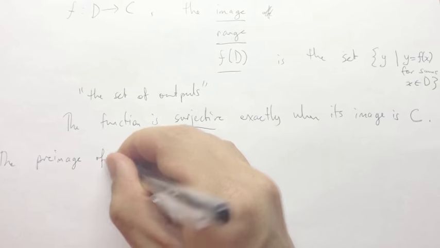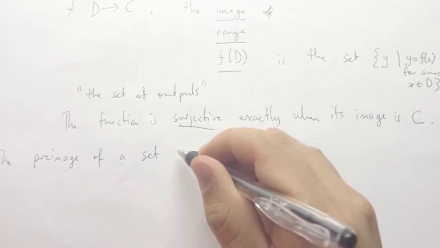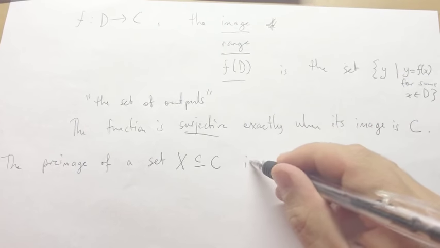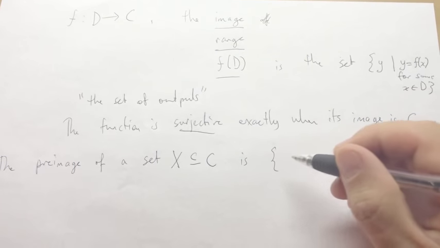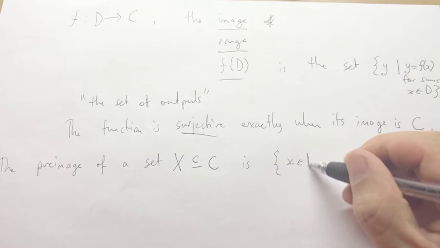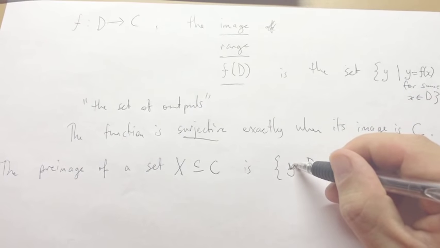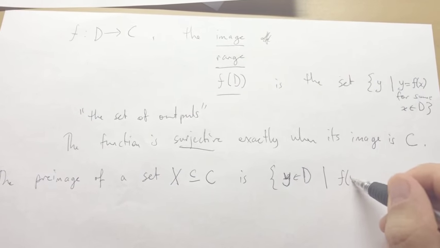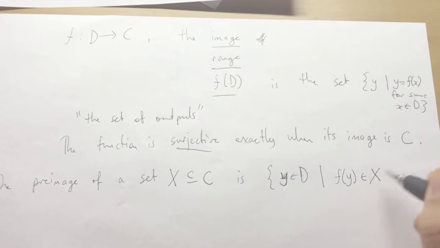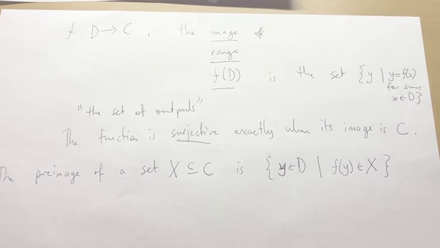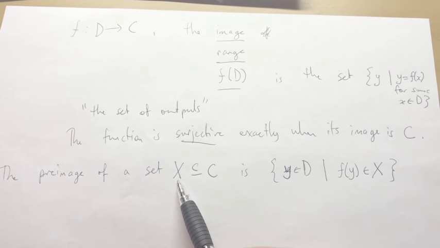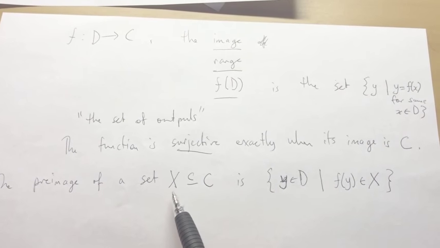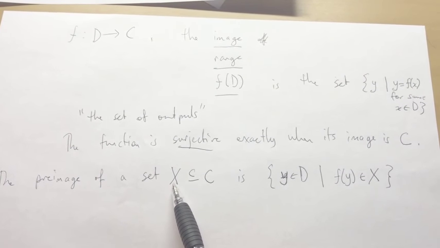So the preimage of a set X contained in the codomain is the set of all y in the domain such that f of y is in big X. Okay, so the preimage of X is all the elements in the domain that have an output in this subset.